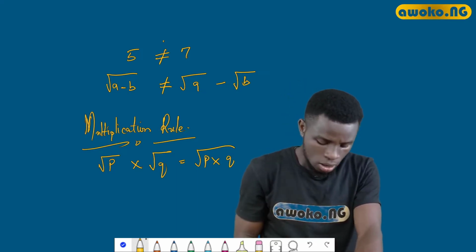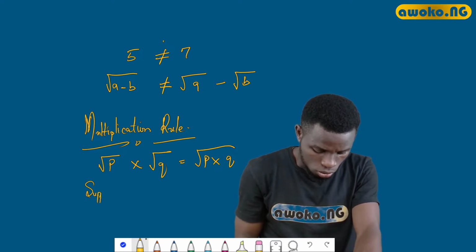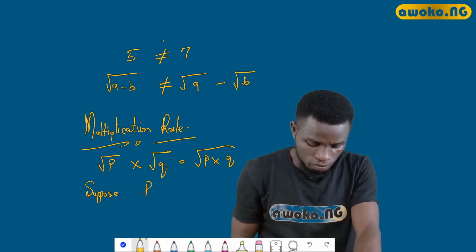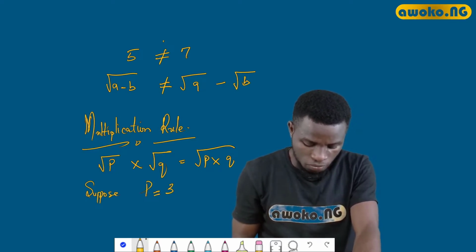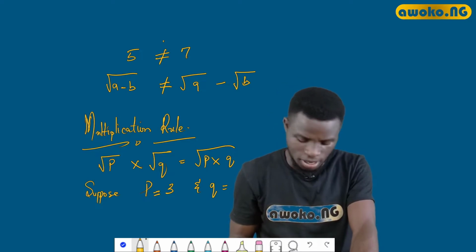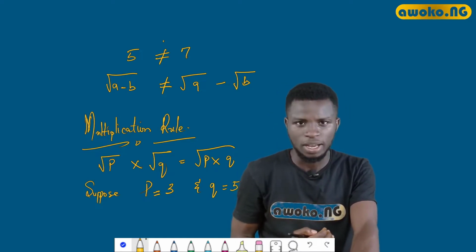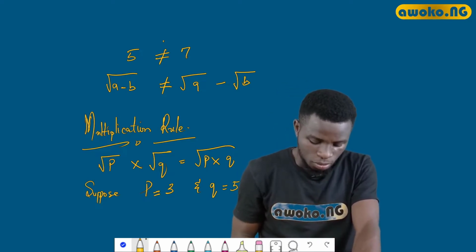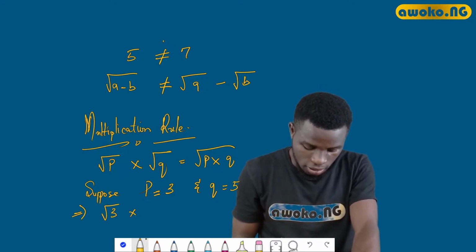Let us say, suppose p is equal to 3 and q is equal to, let's say, 5. This will be equal, of course, to the square root of 3 times the square root of 5.